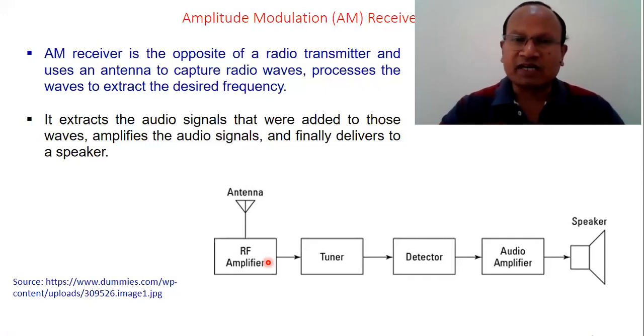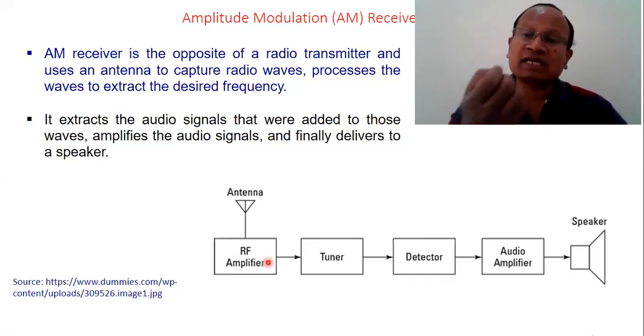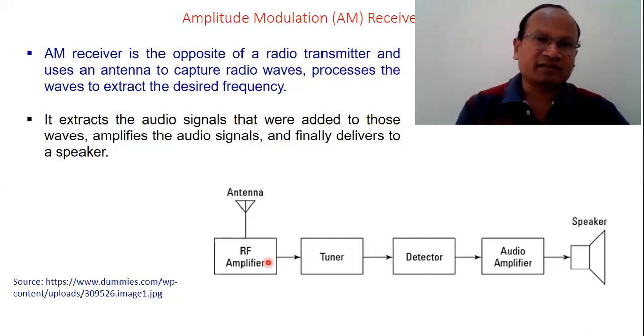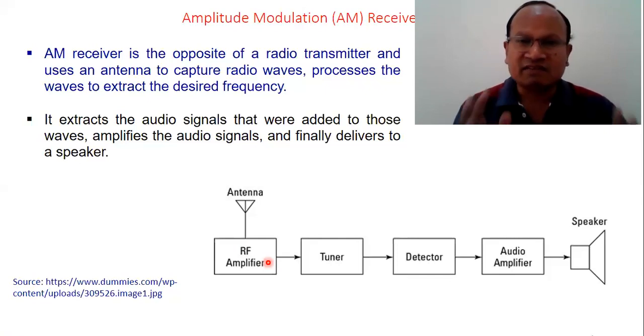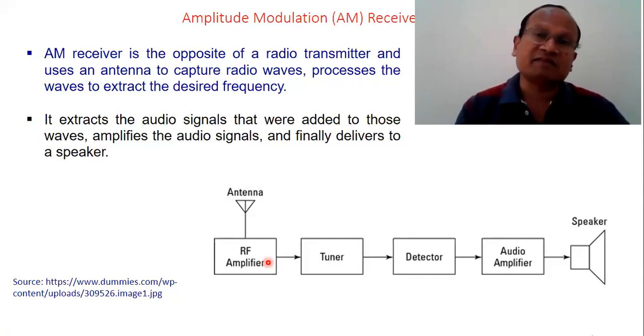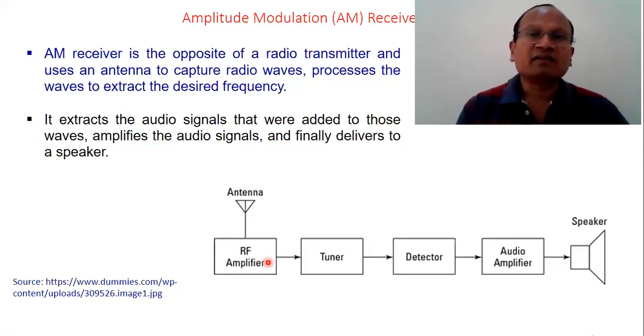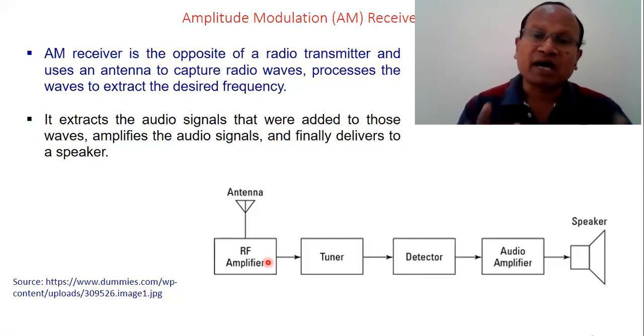And therefore, sensitivity is the ability to detect the weakest component of the signal and amplify it. So whenever we use an RF amplifier in any type of AM receiver, remember the main objective is to amplify as well as to improve the sensitivity, to provide the appropriate sensitivity, which means amplifying high signal strength as well as low signal strength signals which have been received by the antenna.